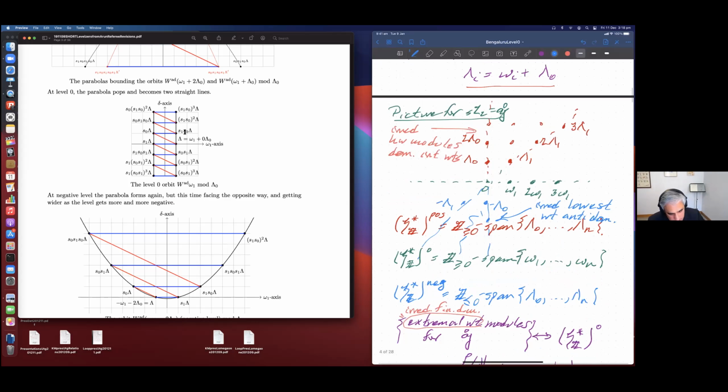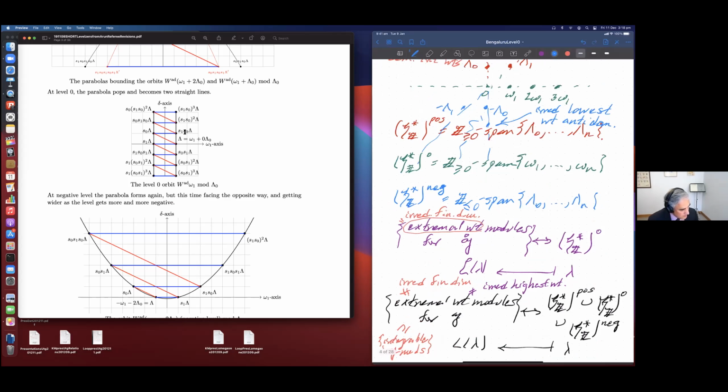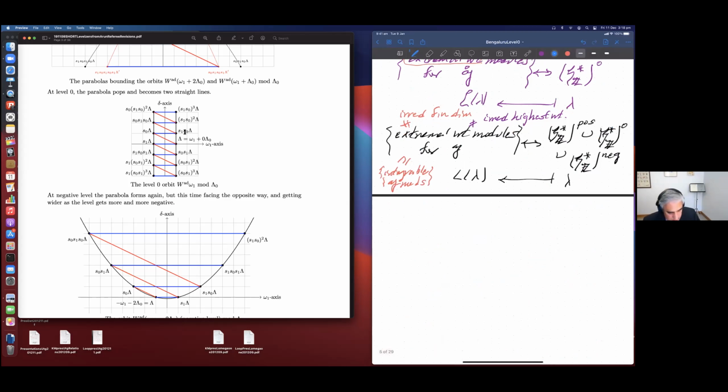Okay, so that gives you a feel for what my world is. My world is this world of integrable modules, and that's how we label them by this collection of weights.